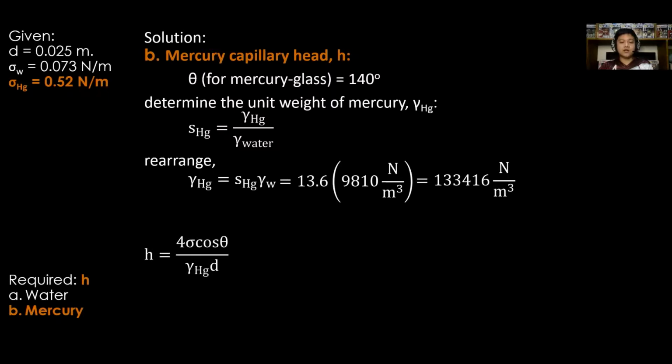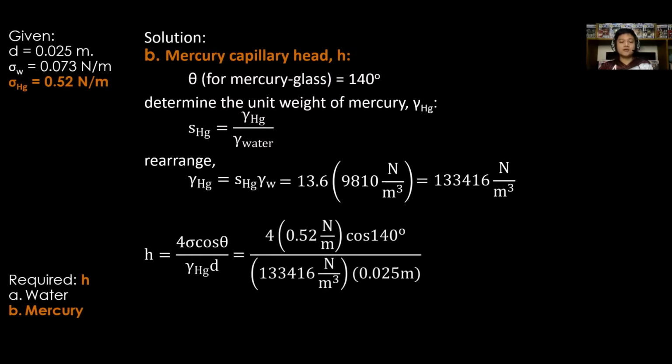Substitute in our equation, we have now 4 times the sigma of 0.52 Newton per meter multiplied to the cosine of the angle 140 degrees over the gamma of mercury, that is 133,416 newtons per cubic meter multiplied to the diameter, that is 0.025 meter.